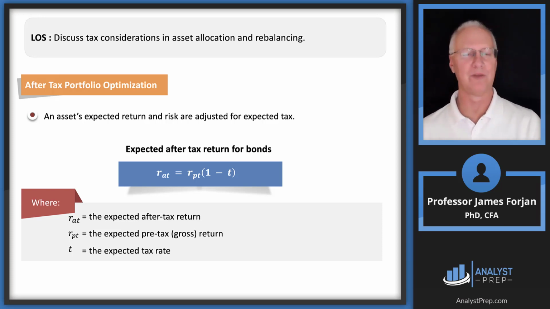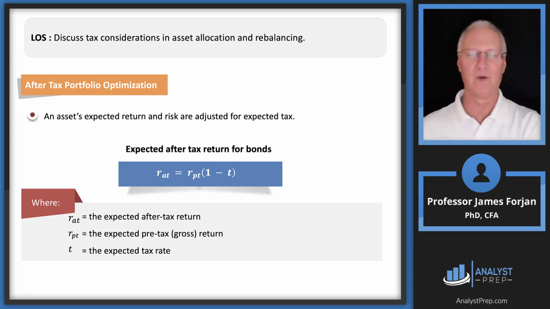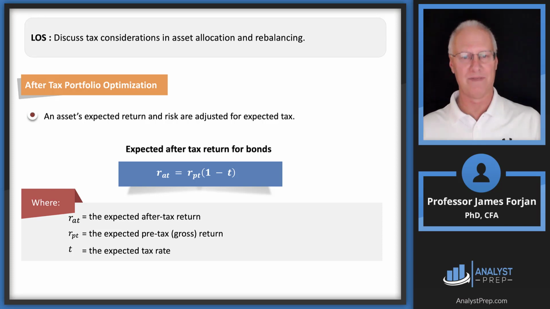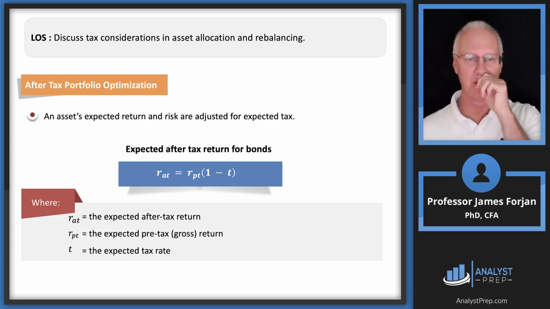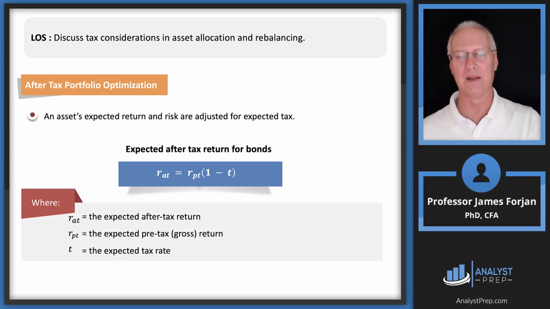And of course, I'm always fascinated by expected tax rate. Here in the United States, we have politicians on this side saying one thing, politicians on this side saying another thing. So whoever wins the election is going to be reflective of what that expected tax rate is. The Institute doesn't want us to become political scientists, but they do want us to be aware of the politics and the influence on what that expected tax rate is going to be.